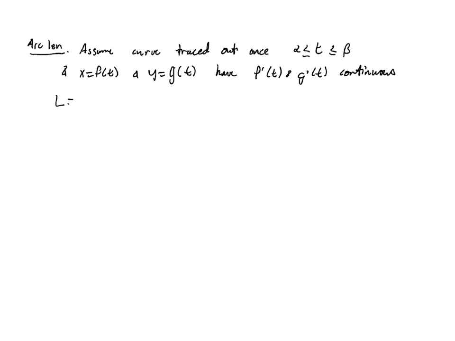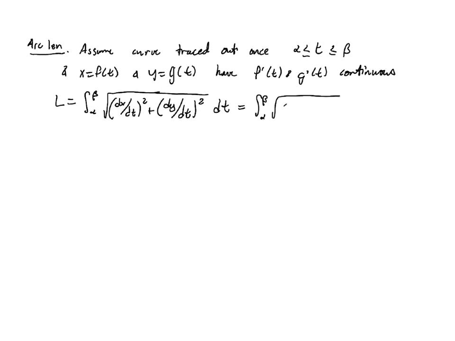And now we can write out the arc length as the integral from alpha to beta of the square root of (dx/dt) squared plus (dy/dt) squared, times dt, or if you like in terms of f and g, square root of f prime of t squared plus g prime of t squared dt.